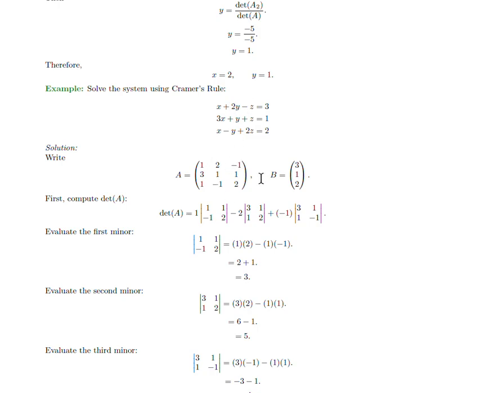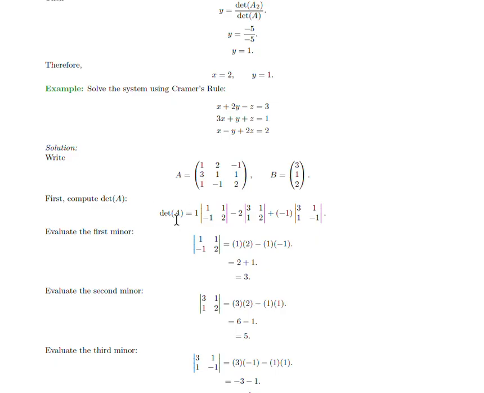We all know how to do that by now. Matrix X in this case will be a column matrix, which is x, y, z. Our variables are x, y, z, and that verifies the fact that we have 3 equations and 3 unknowns. And then our matrix B, the constants on the right hand side, is 3, 1, 2.